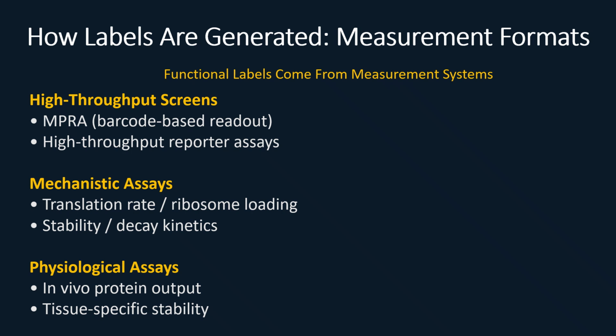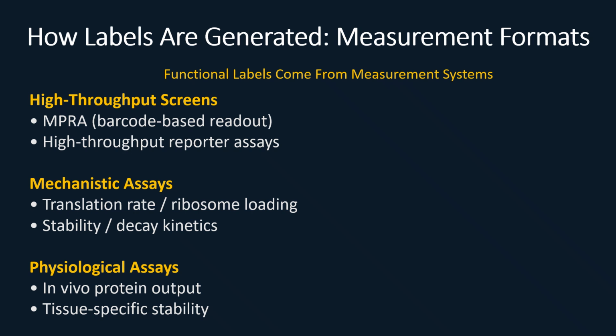At the highest scale, we use high throughput screens, things like large reporter assays. These let us test enormous numbers of sequences in parallel. They are ideal for generating training data, but they measure simplified biology.